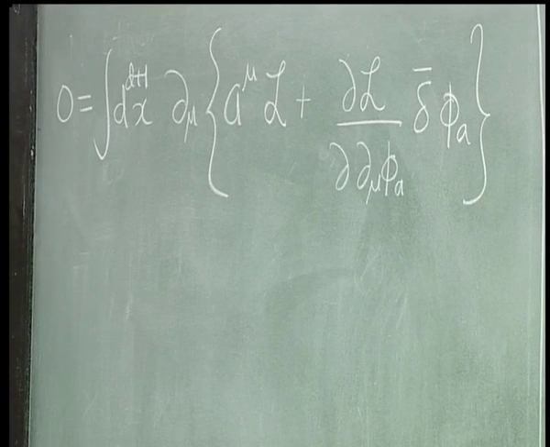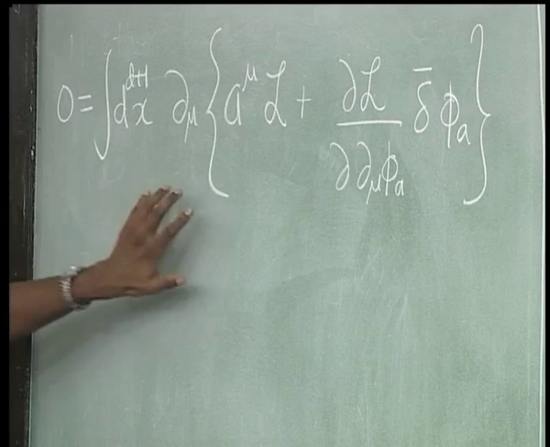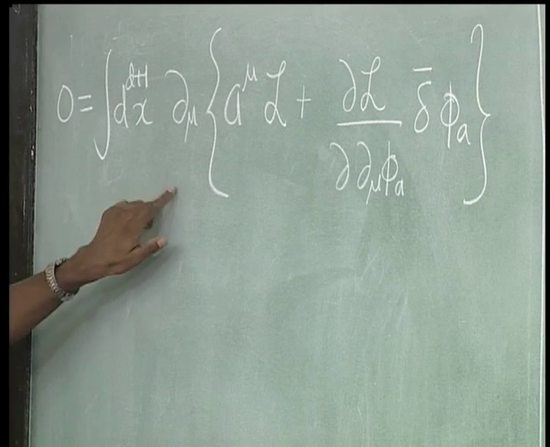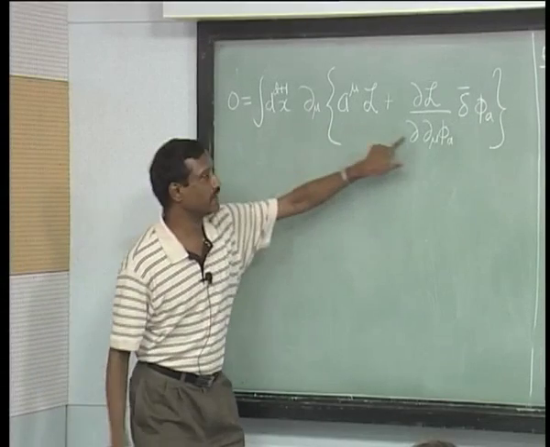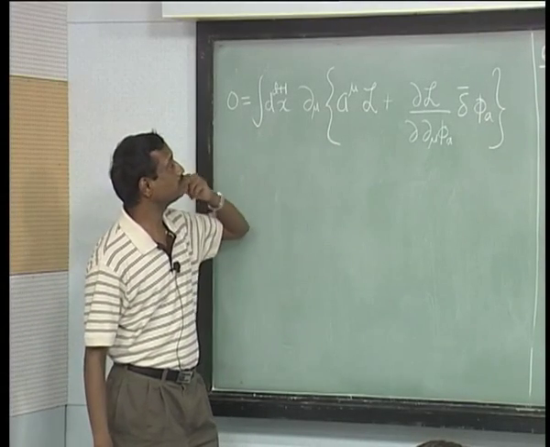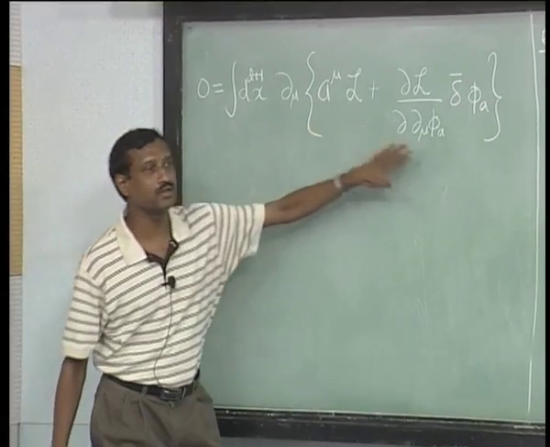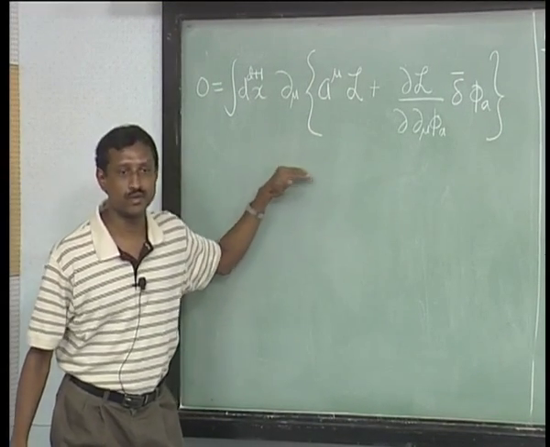And it is not difficult to see that if this is 0 plus order lambda square, now I am dropping that, but to order lambda this term has to be 0, and so what we will argue is that the integrand is 0. We will argue for something stronger.